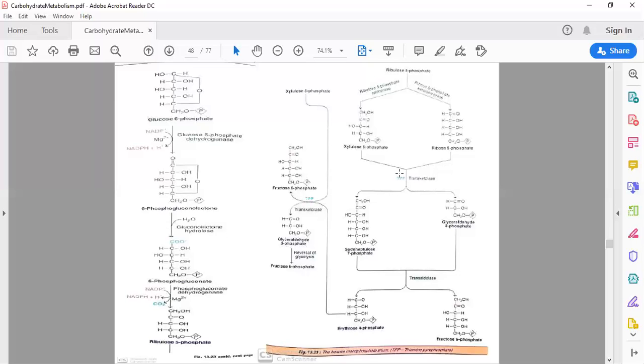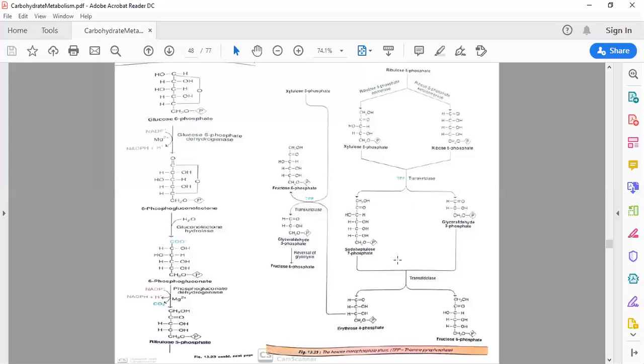So this is the very important step where the 2 carbons are transferred from xylulose 5-phosphate to ribose 5-phosphate to form 7 carbon pseudoheptulose 7-phosphate and 3 carbon glyceraldehyde 3-phosphate in the presence of the coenzyme TPP, thiamine pyrophosphate, and it also requires the presence of magnesium ions.